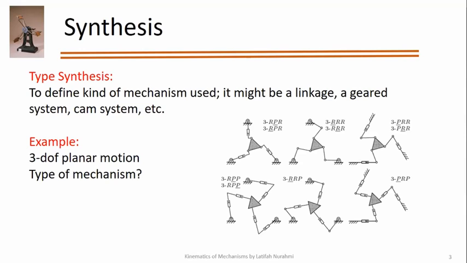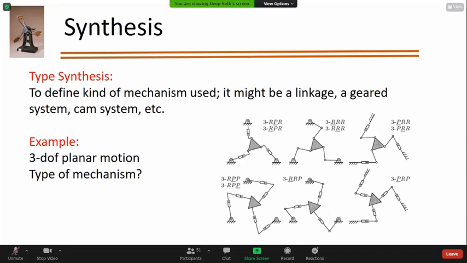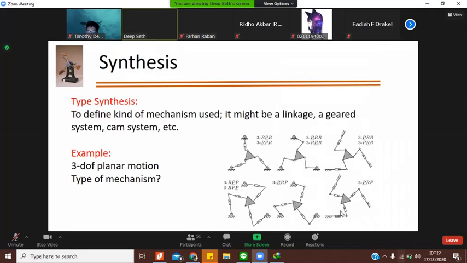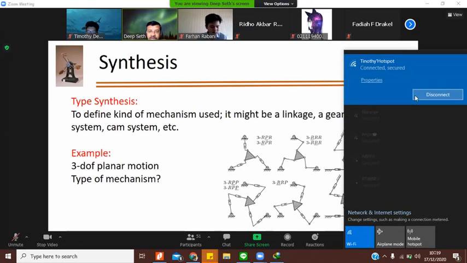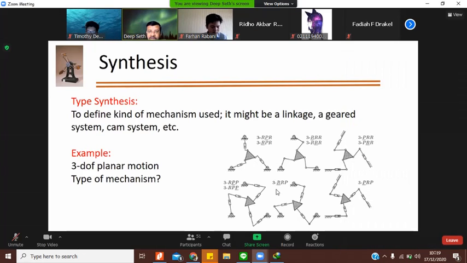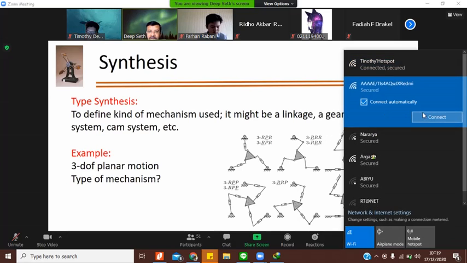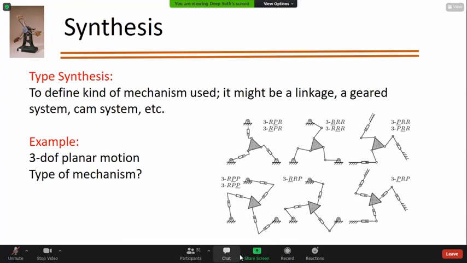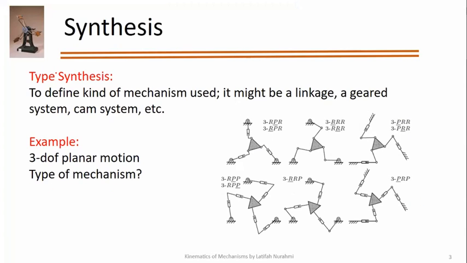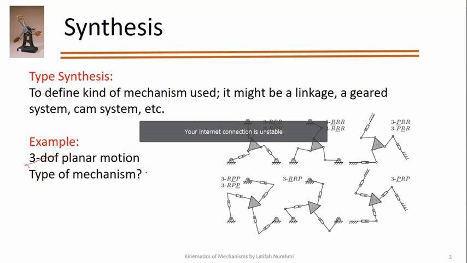So in type of synthesis, we can see how you define the kind of mechanisms that are used. It might be a three degree of freedom planar motion. Okay, so what kind of mechanisms can you make of it?